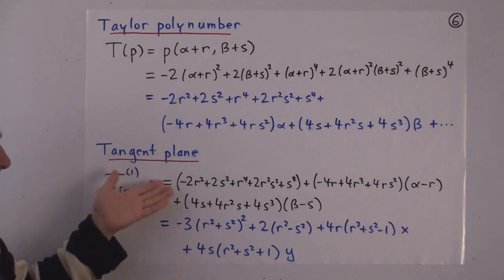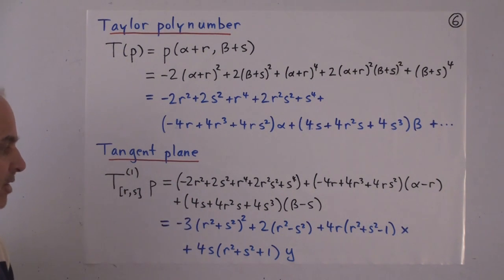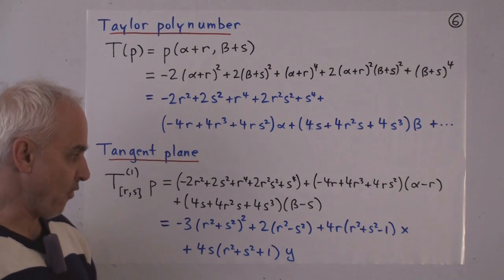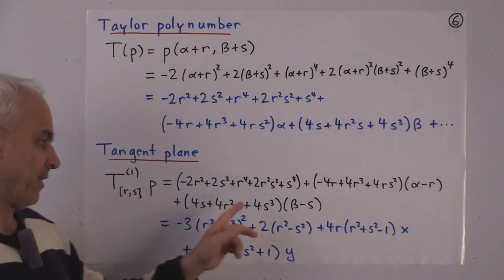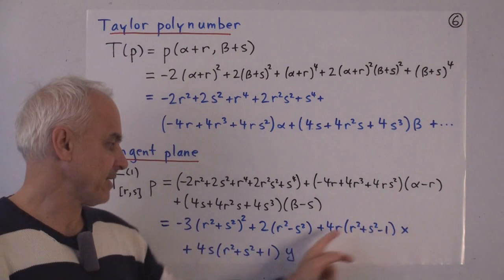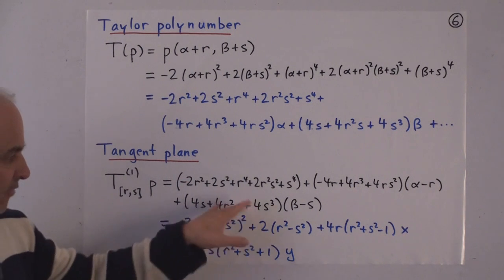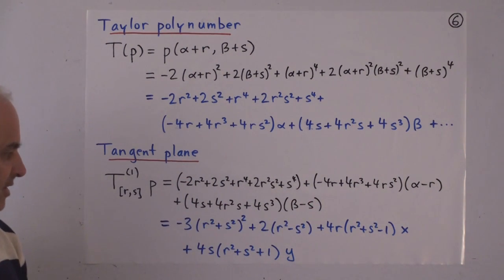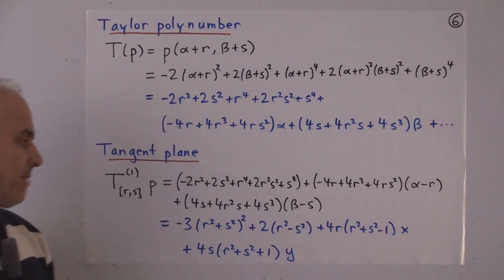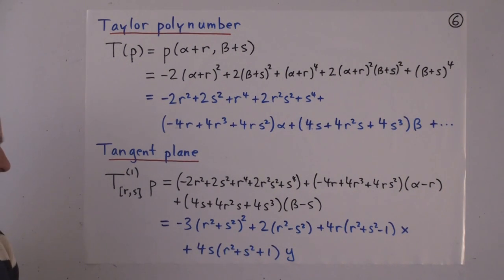And then now we write this out, expand it out, put it in the standard form, and I'm going to rewrite it with x's and y's instead of alpha and beta. So you check my algebra there, that I've expanded this out and rearranged it in a pleasant way. I've just simplified it a little bit to make it a little bit more pleasant.